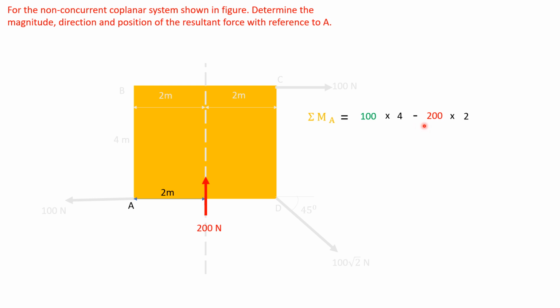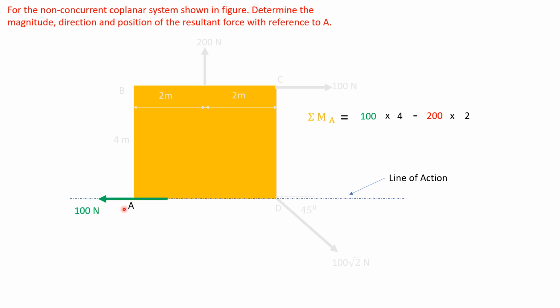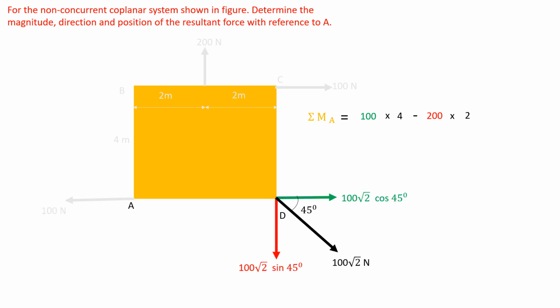So minus 200 into 2. Now this 100 Newton force passes through point A along its line of action, so its perpendicular distance is 0 and it has no moment.